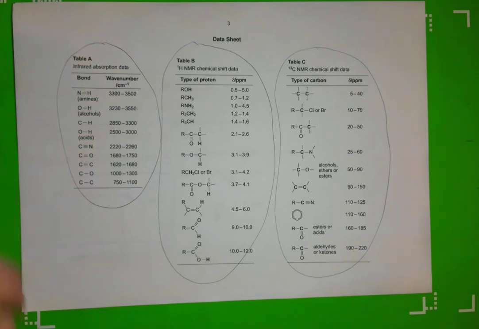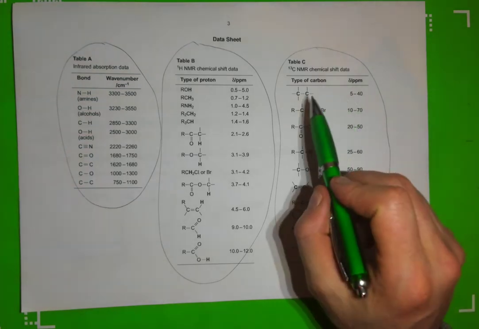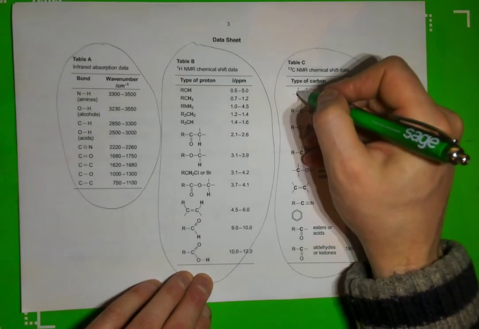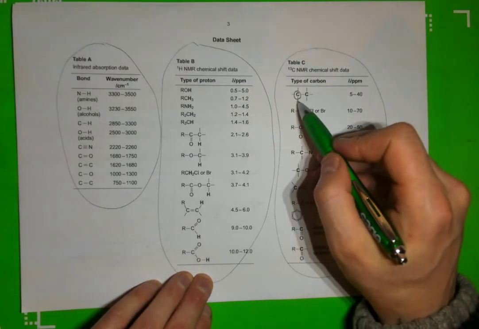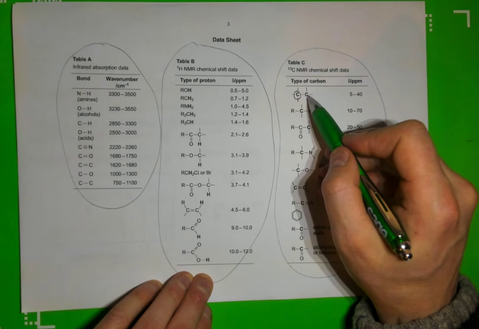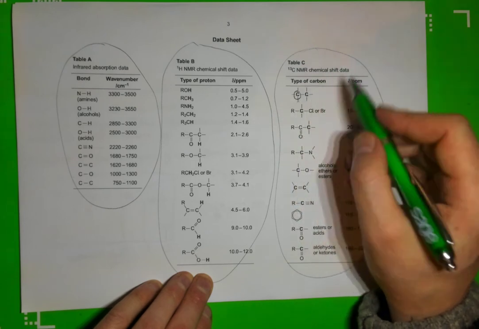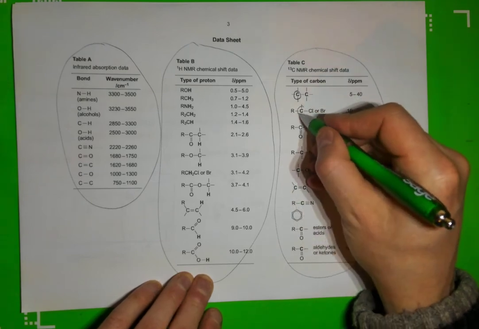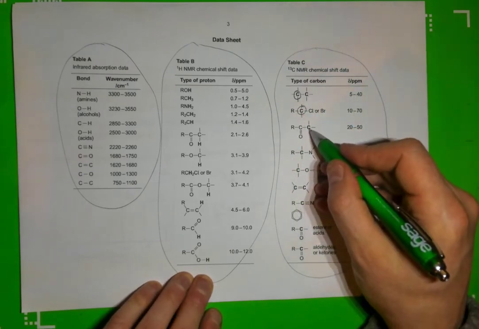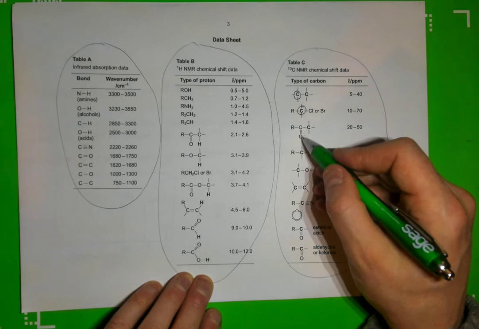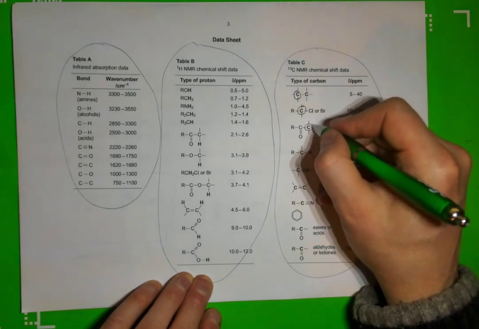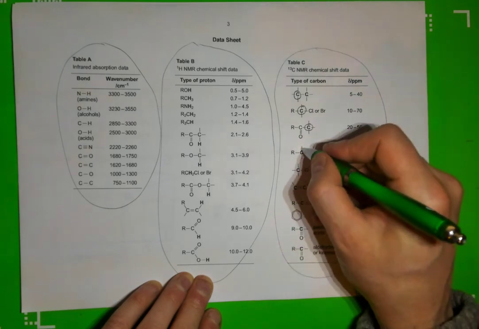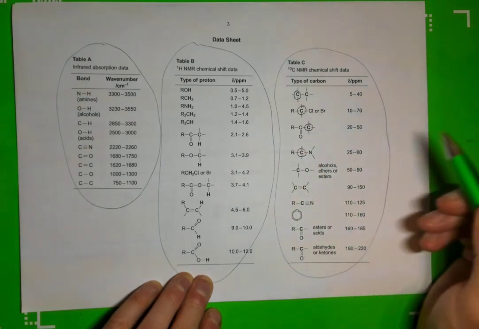The thing to notice here is that it's the carbon which is in bold that it refers to. So we can see here we've got a carbon here which is attached to another carbon with 3 bonds to it. This carbon here is attached to a halogen. This carbon here has a carbonyl next to it. This carbon here has got an amine group next to it.